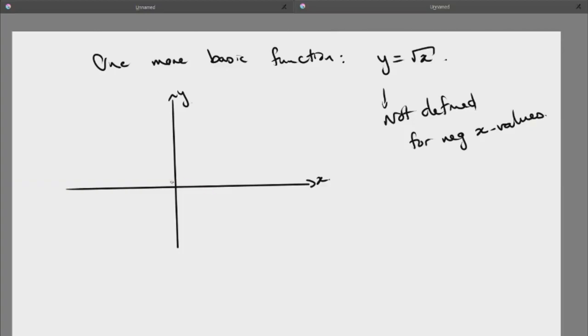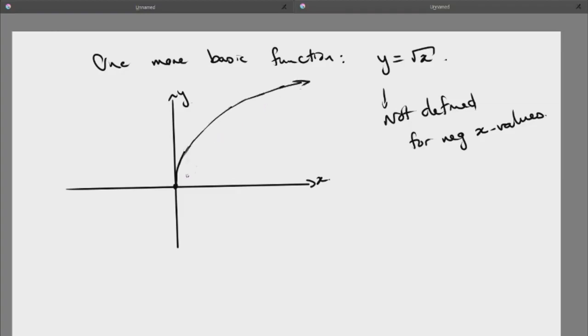This one is not. So when x equals 0, the y value is 0, and then it goes up, sort of like a sideways parabola, but only half of it. Let me do it again. So it's nice and vertical in the center, and then it's pretty much like a sideways parabola.